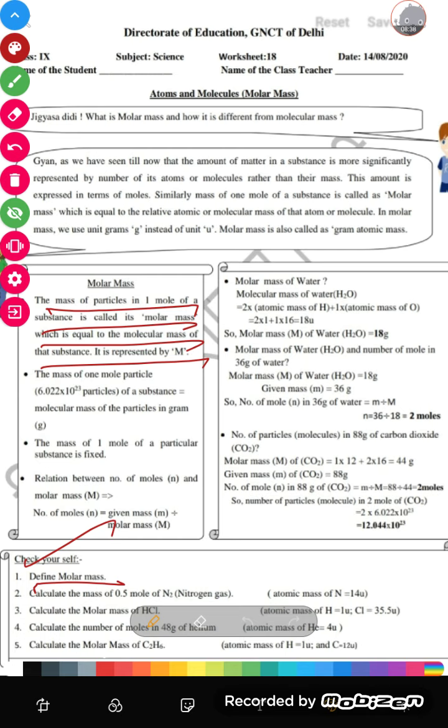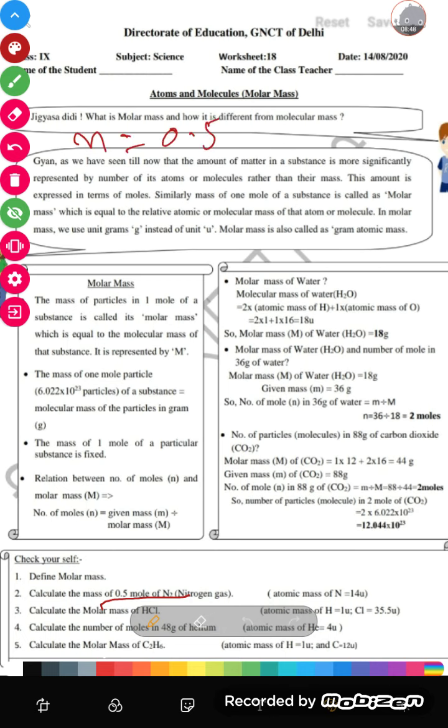Next question: calculate the mass of 0.5 moles of N2. You are given n, that is 0.5. m you have to find out, and as you know the molar mass of N2 is 2 into 14, 28.